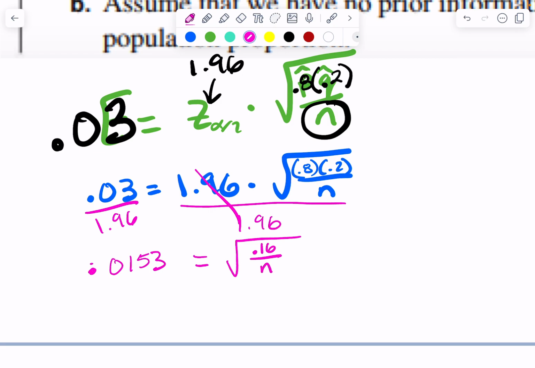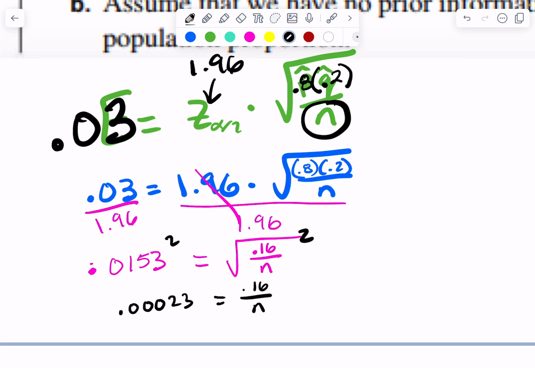I'm just going to do that in my head, okay? Now, I want to square both sides. I'm going to take him and square him, which is a really small number, 0.00023, and I get 0.16 over n, okay?